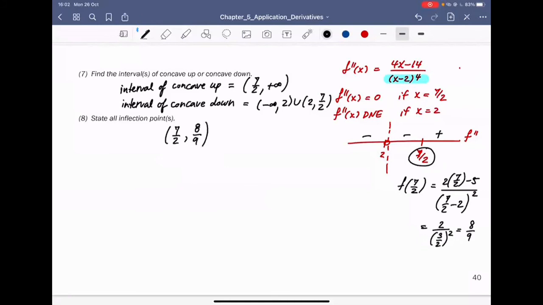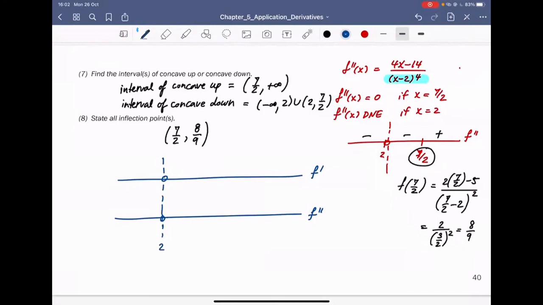All right, so I have everything ready to graph. One more thing: for f prime and f double prime, the number 2 is going to be the one that we do not include in our domain. However, 7 over 2 is here. Well, for f prime, we have number 3, if you remember.